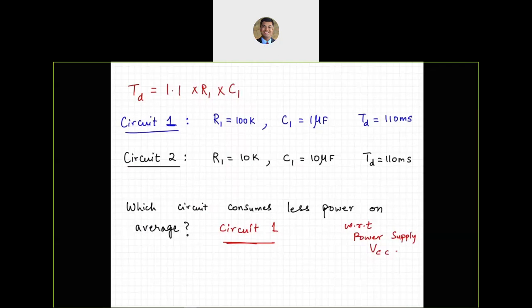So that's a little bit of a tedious task. I'm not going to do that. Instead, I'm going to do the power calculation in PSpice. And all of that is being done to answer this question: which circuit consumes less power? Right now, I know what to expect, so I'm going to validate that answer now.